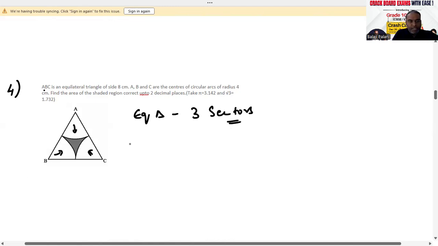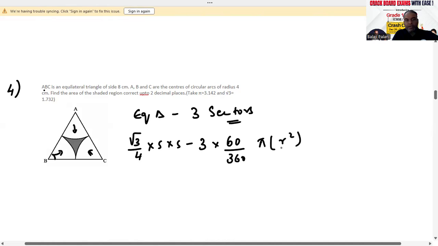Every information is given. Equilateral triangle area formula is root 3 by 4 times side into side, minus 3 sectors. One sector is, so this is an equilateral triangle, so the angle is going to be 60 degrees. Theta by 360 into pi into r square will give me the area of a sector. This is for one sector, I multiplied by 3 here, which gives me for 3 sectors. So now substituting all the values, root 3 by 4 times side is 8 centimeters, so we get 64 minus, and let's cancel this out, 1 by 6.